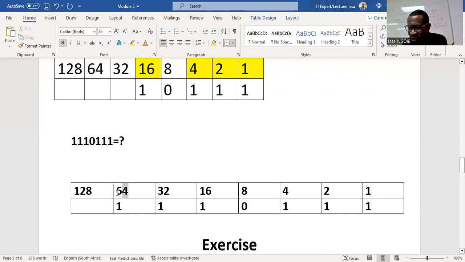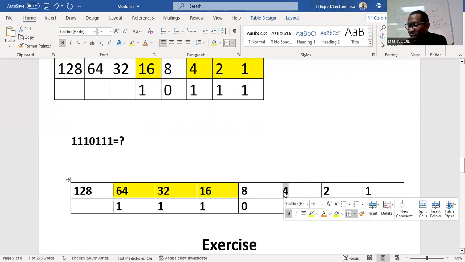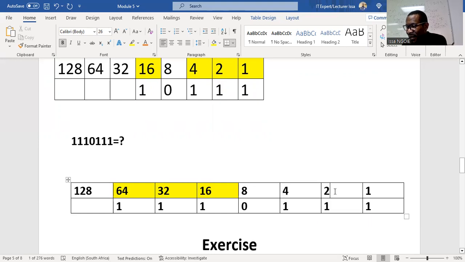So you only keep 64 plus 32 is 96. 96 plus 16 is 112, plus 4 is 116, 118, and 119.